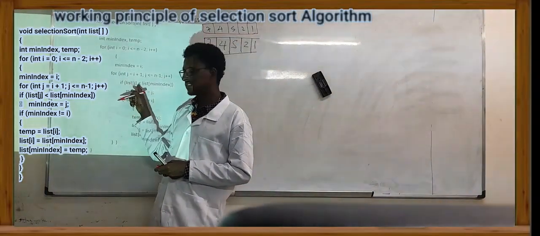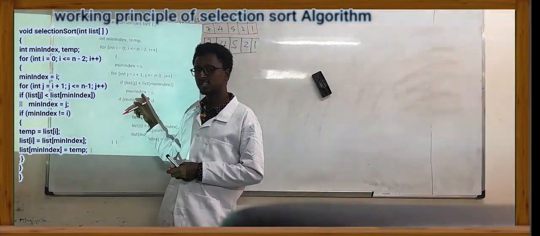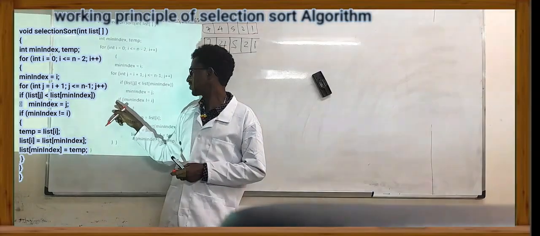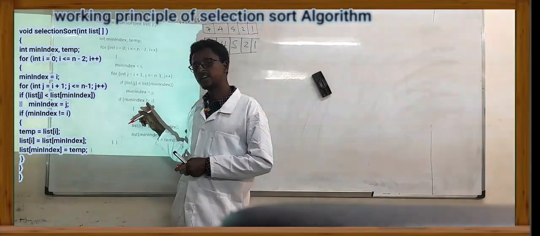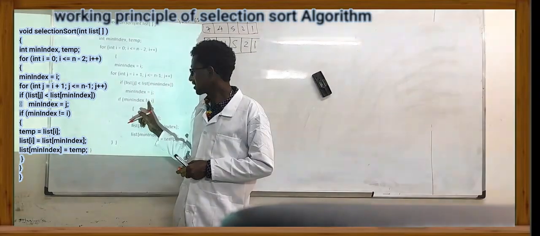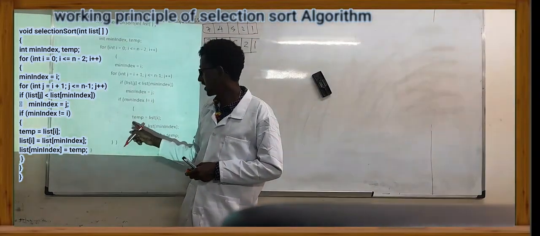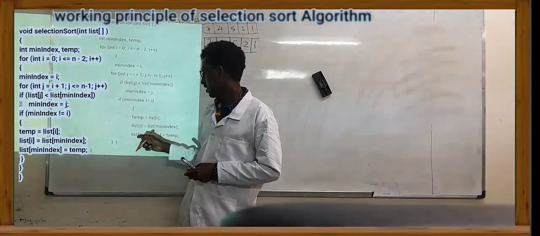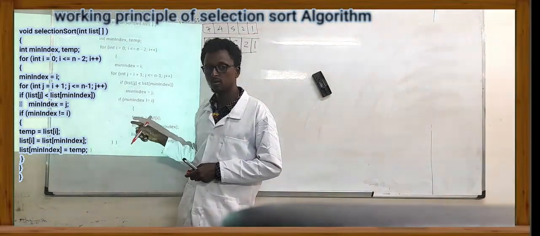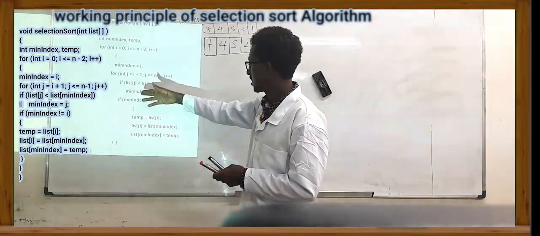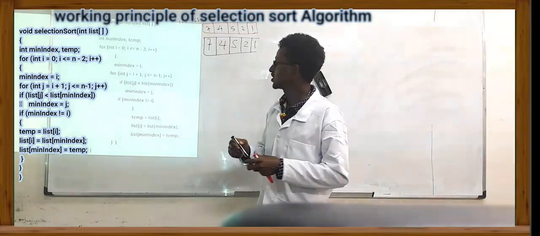If the statement is satisfied and min index is changed to j, the next statement we execute checks whether the min index value is different from i or equal to i. If it is different, we swap the min index element with the temporary value, or the ith value of the array list. Please pay attention once.